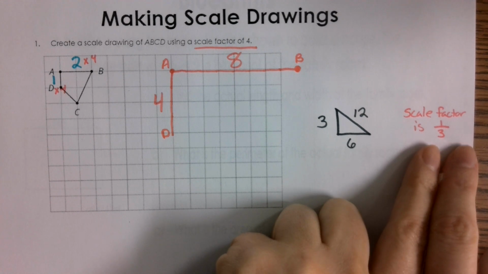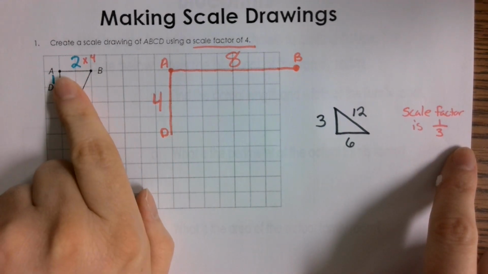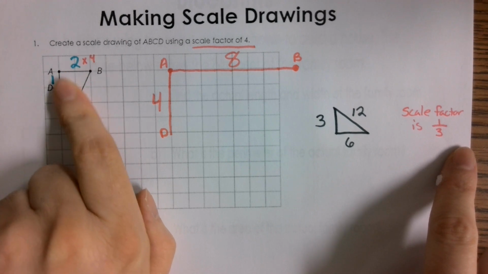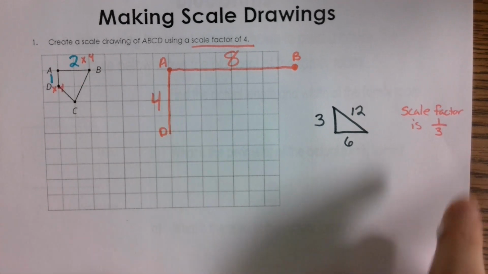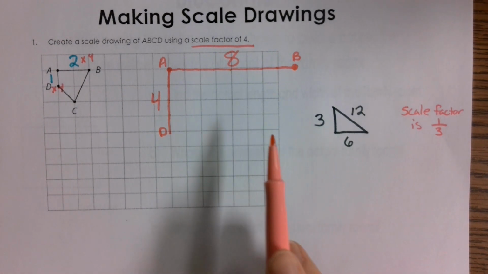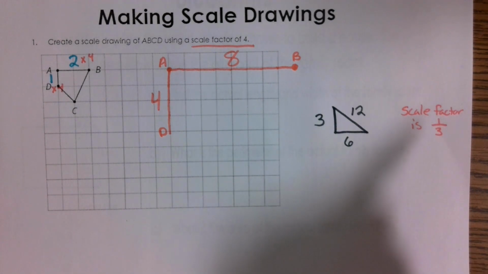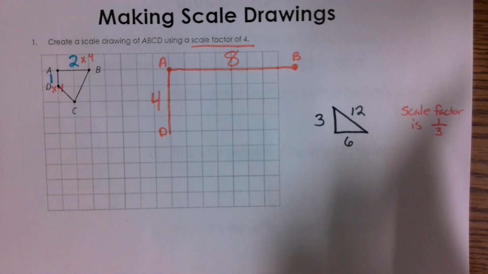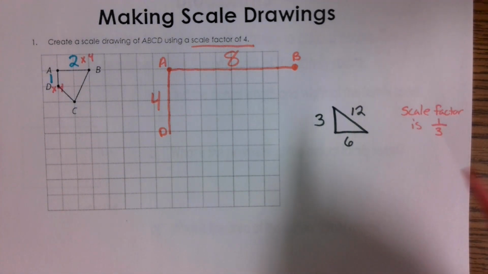If my scale factor is 1, is that going to change my shape? If I do 1 times 1, is that going to change anything? If I do 4 times 1, is it going to change anything? 2 times 1, is it going to change? No. So if my scale factor is a 1, it's not going to change anything. But if my scale factor is bigger than 1, it's going to increase the shape. If it's smaller than 1, it's going to decrease the shape.